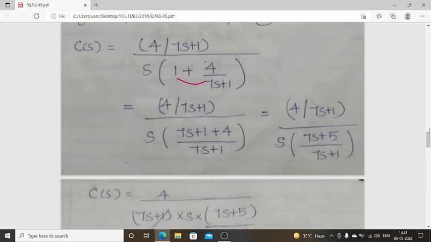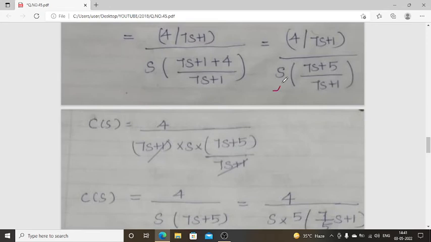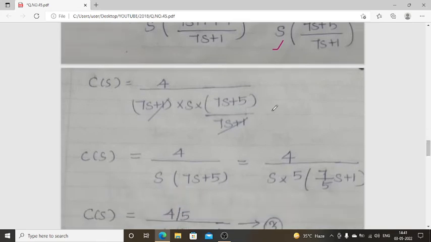Simplify this expression: the numerator part is 7s plus 5 by 7s plus 1. So here C of s is equal to 4 by 7s plus 1 into s into 7s plus 5 divided by 7s plus 1. These two terms are cancelled. Finally we get 4 by s into 7s plus 5.